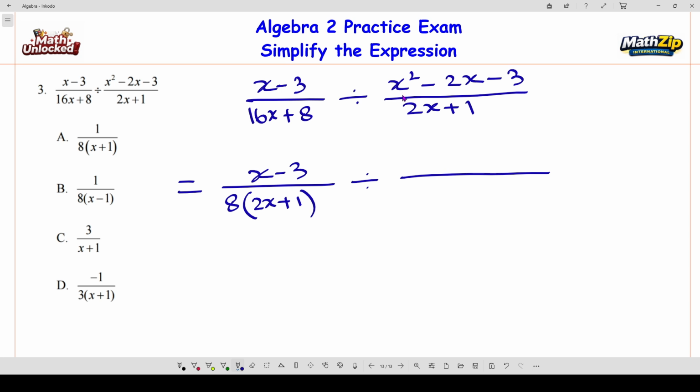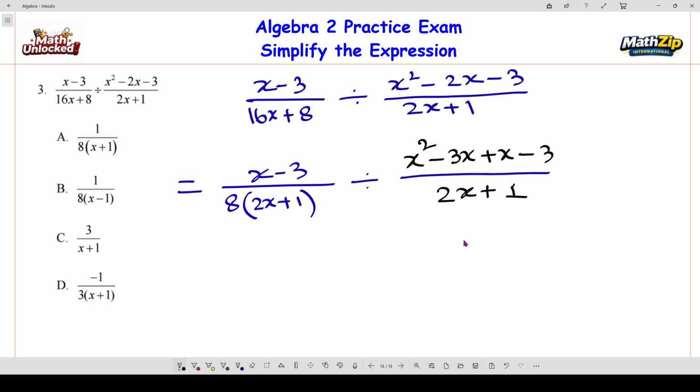So this expression we have to factorize. In this case we can write x squared minus 3x plus x minus 3. It means 3 times 1 is 3, and 3 minus 1 will be 2. Here is a minus sign, right?